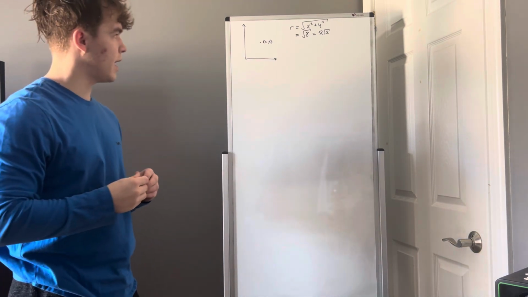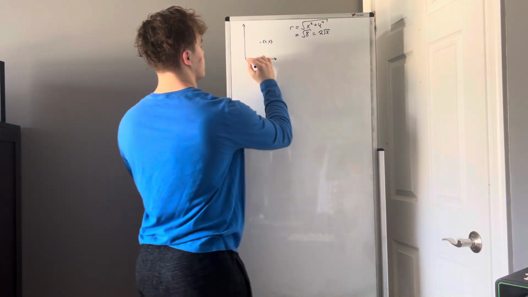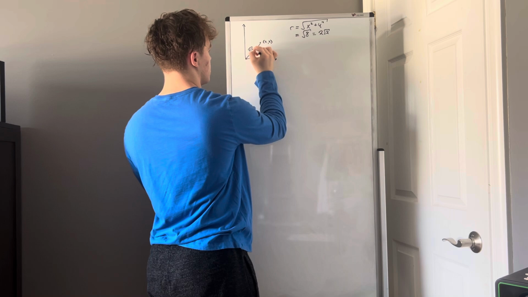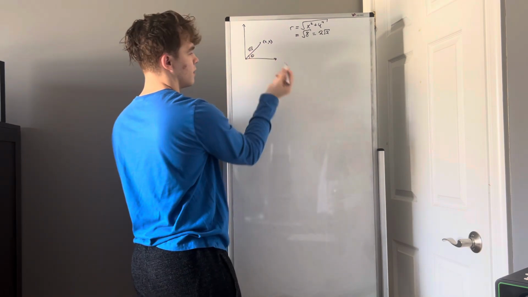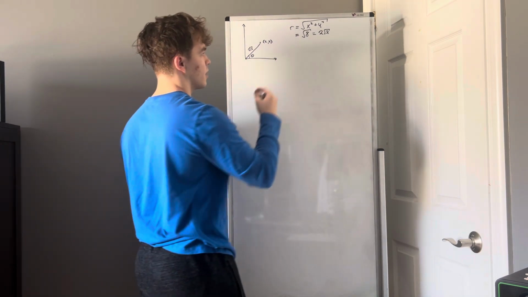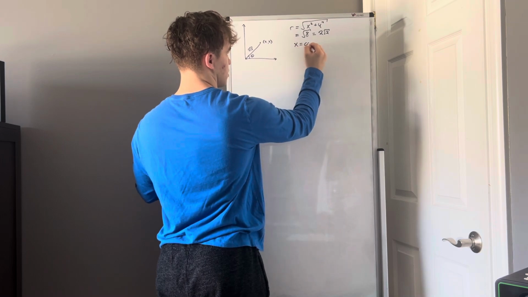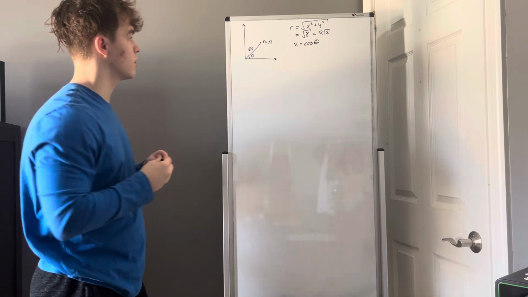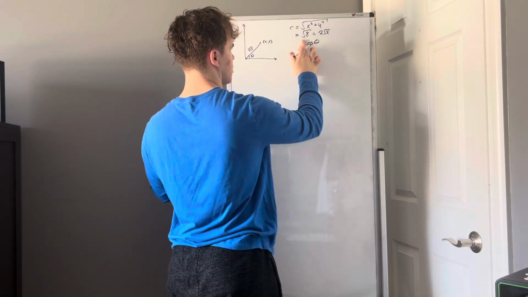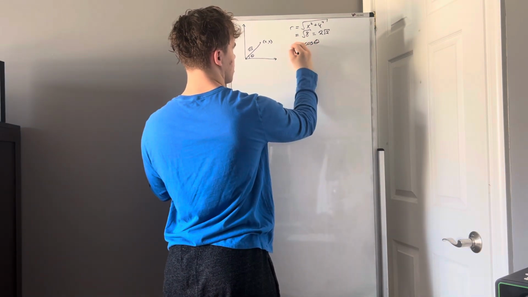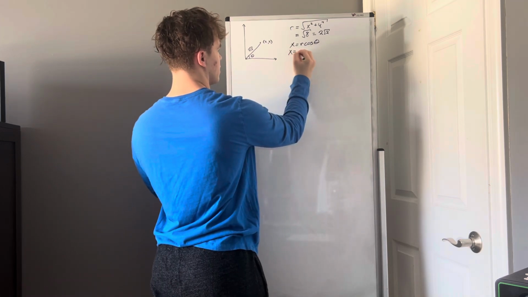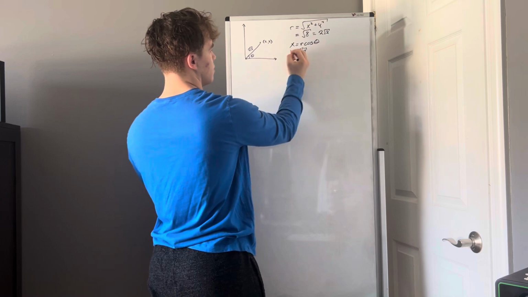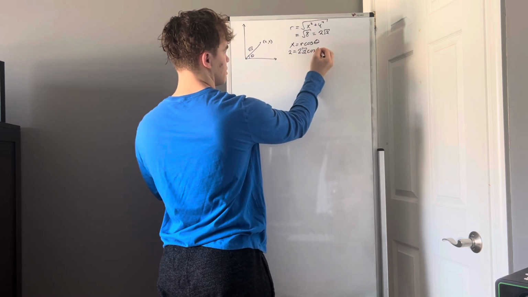And so now what we can do is write in our r, 2 root 2, and we can find our theta now very easily. We can just say x equals r cos theta. X equals 2 root 2, or our x value is 2, so 2 equals 2 root 2 times cos theta.